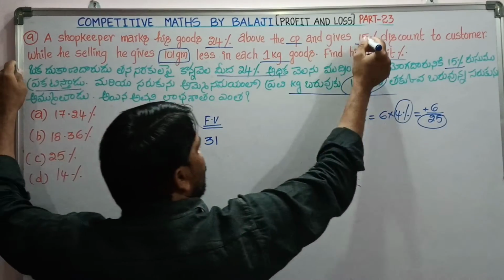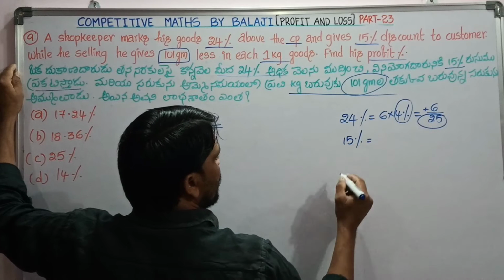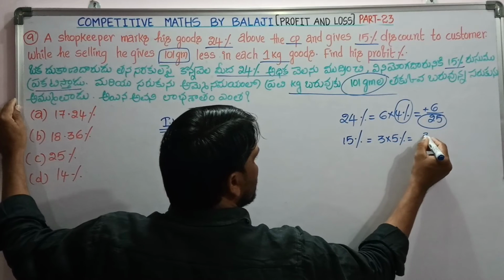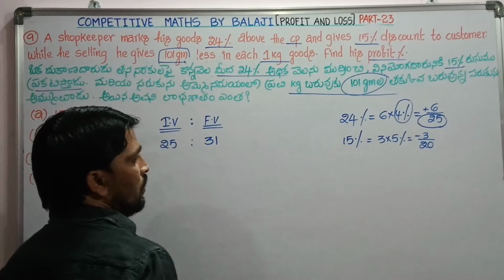And he allows 15% discount. He gives 15% discount to the customer. That is 3 into 5%. 5% is 1 by 20. Since it is 3 times 5%, fraction value is 3 by 20.